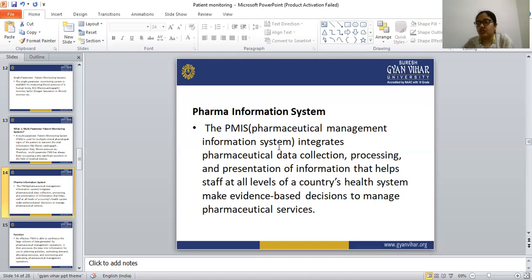The earlier version of the pharmacy information system included pharmacy billing, inventory management, report generation, costing of the medication, labels, file list, and the patient profiles.